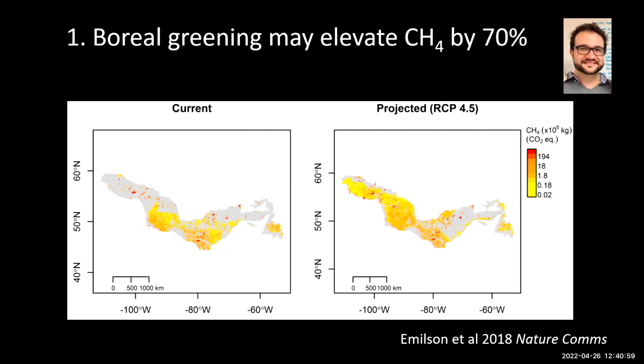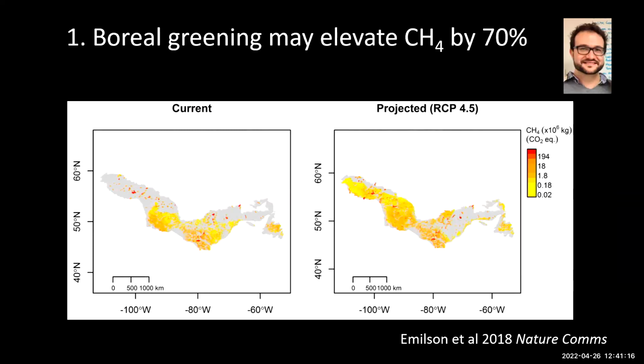And all you really need to see here is that there's going to be larger estimates in the future, and we actually quantify that as about a 70% increase in the greenhouse gases released from this region solely due to the spread of this one macrophyte species.